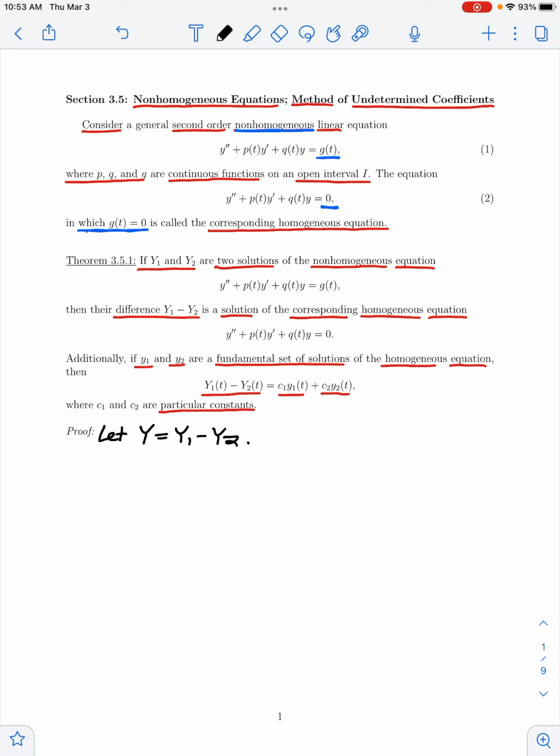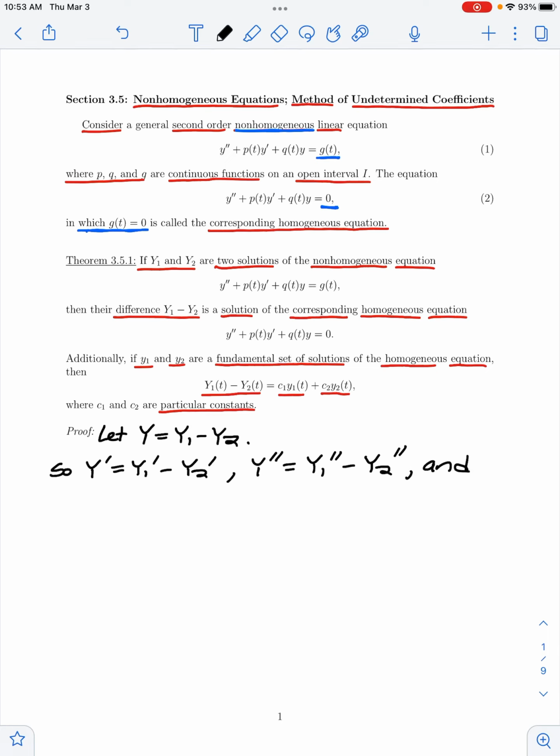And I want to show that this function now satisfies my homogeneous equation. To do that, I could find my first and second derivative of this function. Differentiating Y, we would have Y1 prime minus Y2 prime. And then my second derivative, Y double prime, would be Y1 double prime minus Y2 double prime.